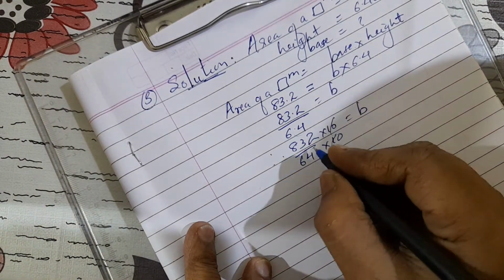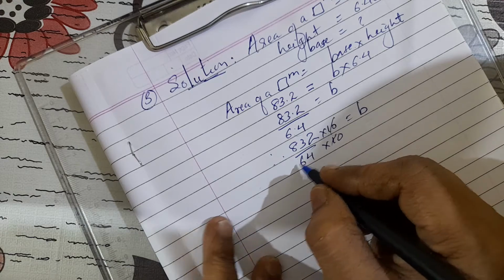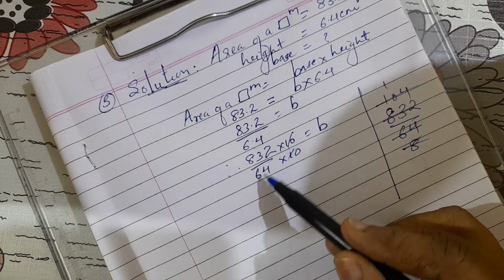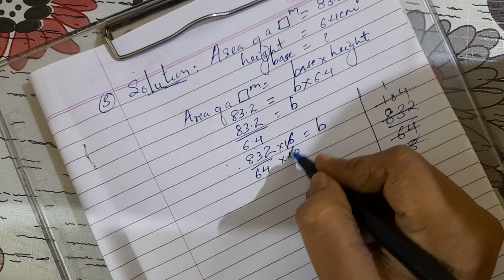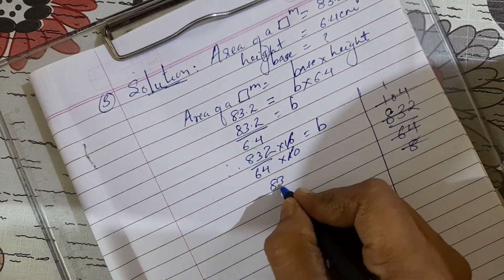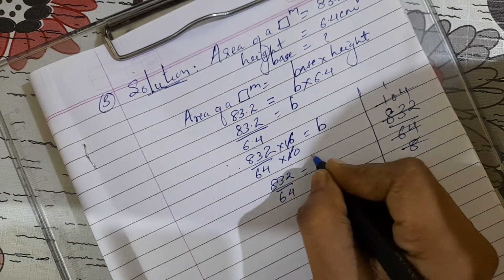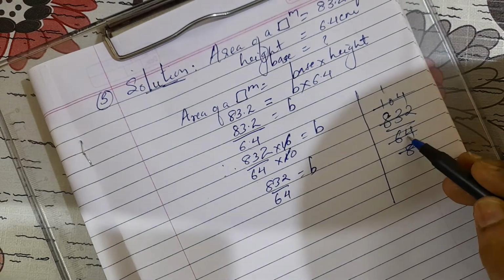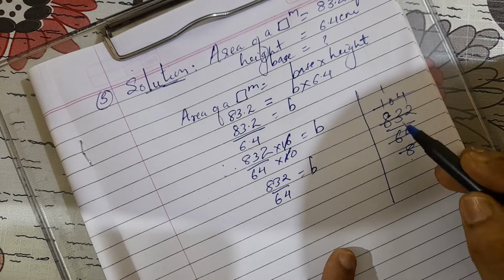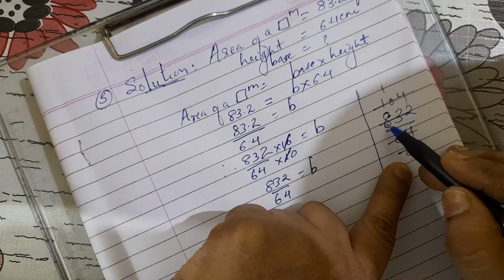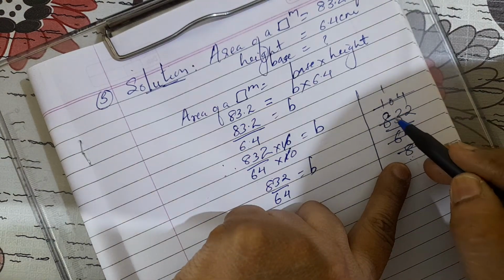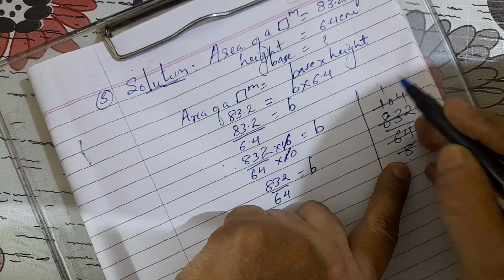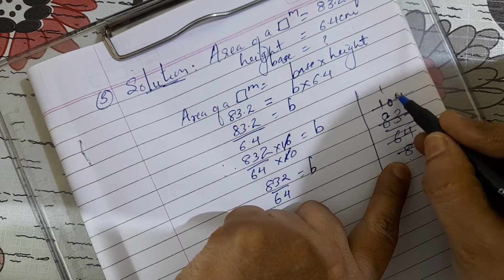Now we are going to simplify this. See children, here the 10 and 10 go, so we are getting 832 upon 64 is equal to b. In the rough column, I have 832 upon 64. 8 8s are 64. Now I am simplifying by 8: 8 1s are 8, then 0, 8 4s are 32.